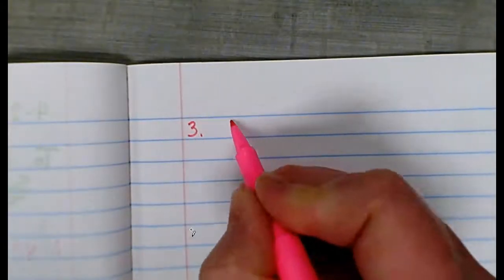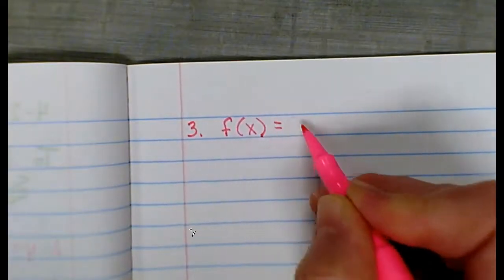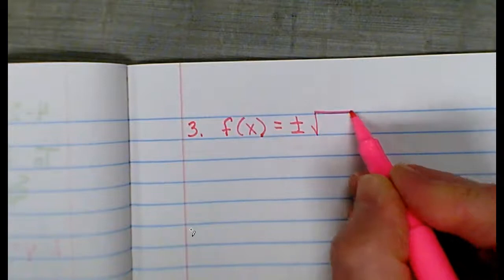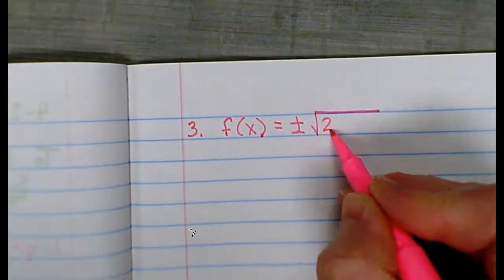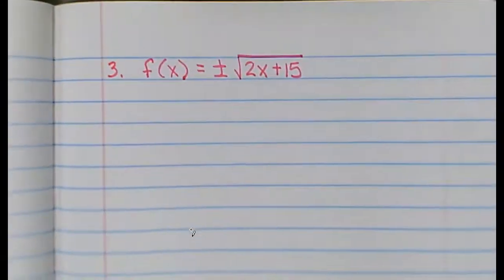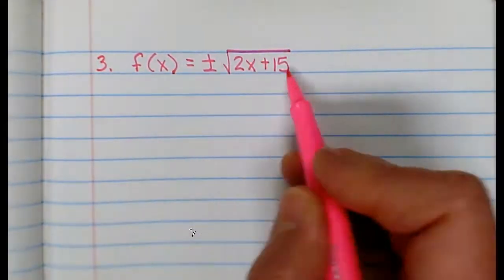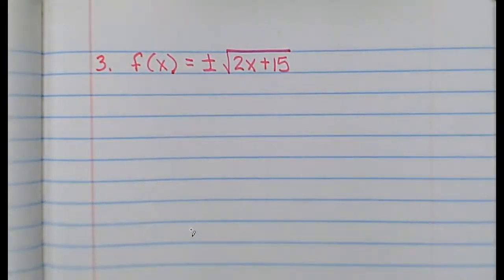Example number 3. Let's use some more function notation. The function is f of x equals plus or minus the square root of 2x plus 15. We don't have a y.